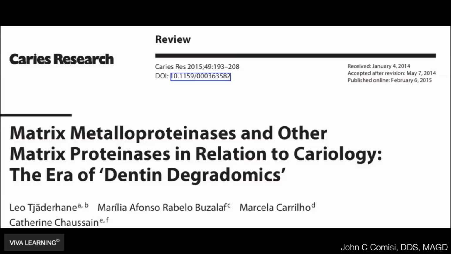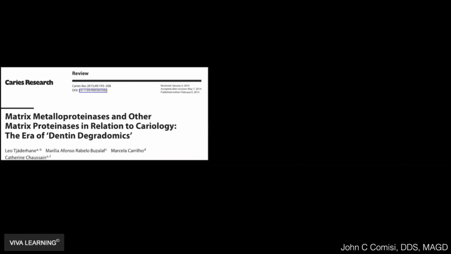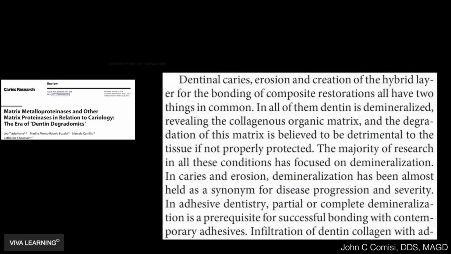And this article by Leotarden and the group talks about this era of dentin degradomics going on, which is really a very, very appropriate terminology, which is why I talk about this being, we have to stop being degradative to the whole thing.